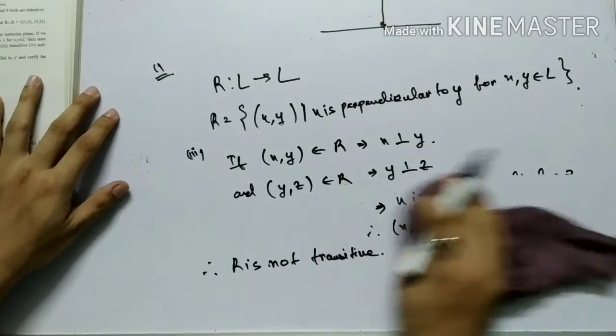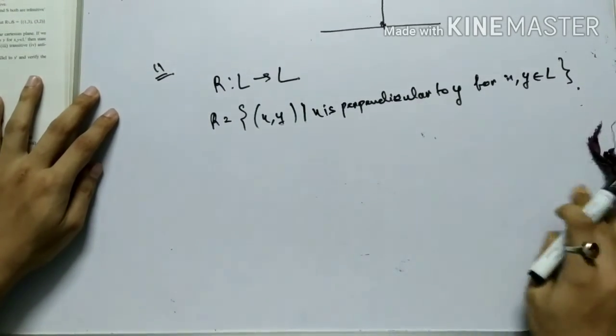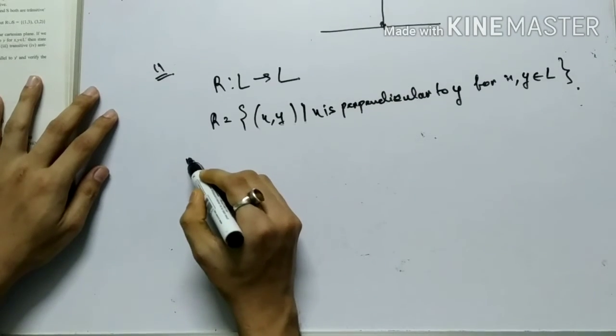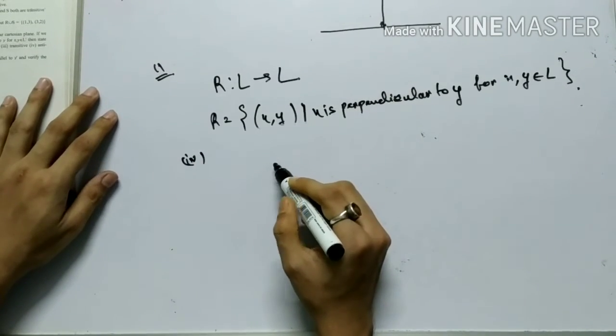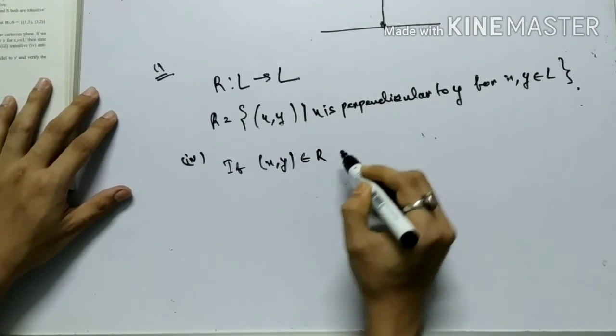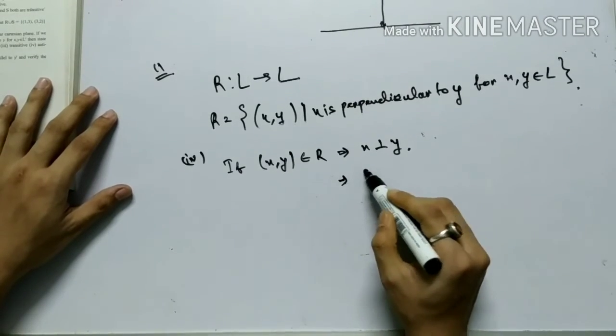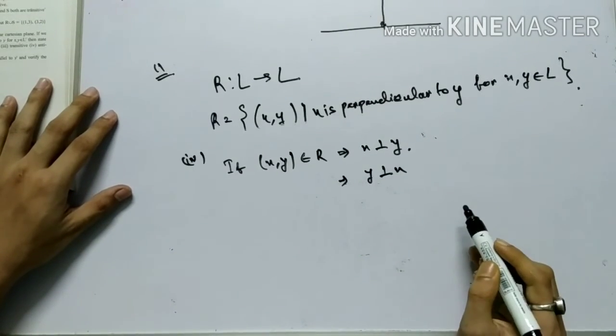Understand? And last one I have to show that R is antisymmetric. Okay, the fourth one, R is antisymmetric. So I can take, if xy belongs to R, that means x is perpendicular to y. Then y is perpendicular to x.